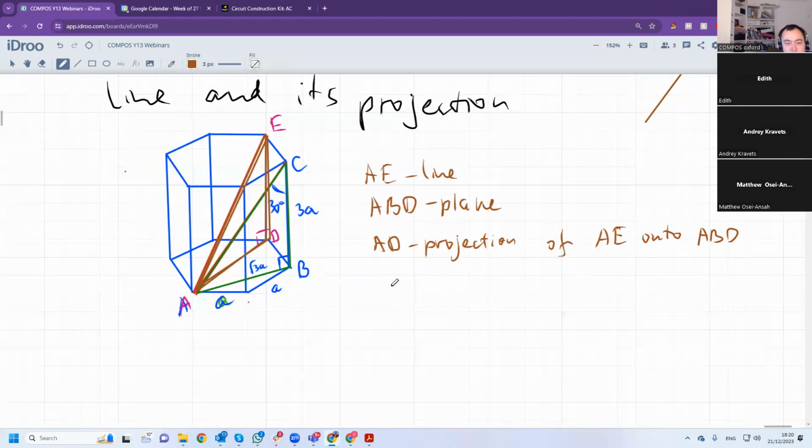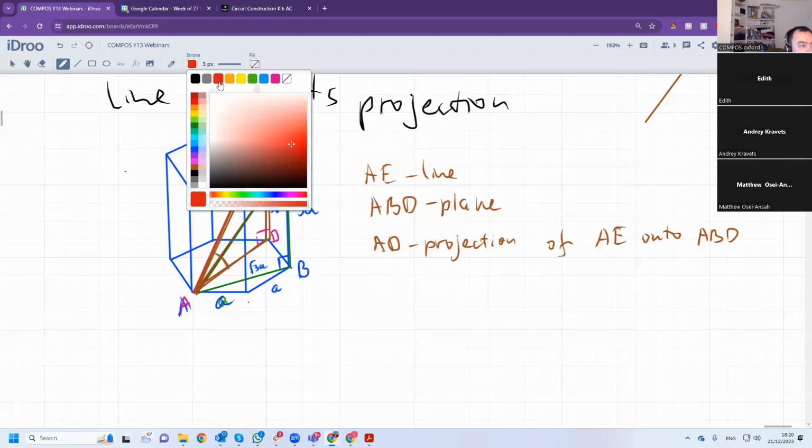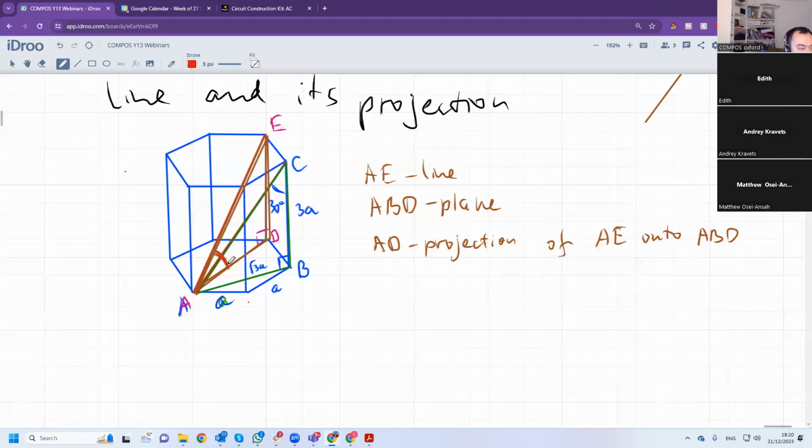That means the angle between AE and the plane is this. This is the angle that we're looking for.